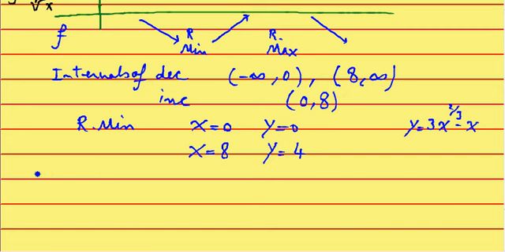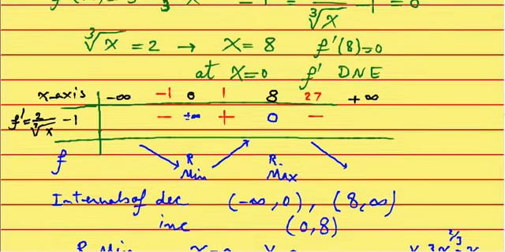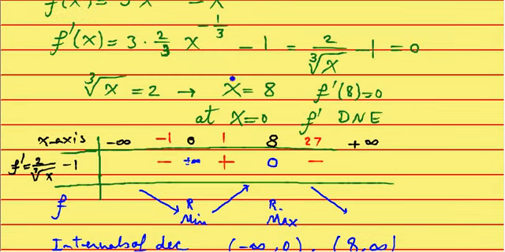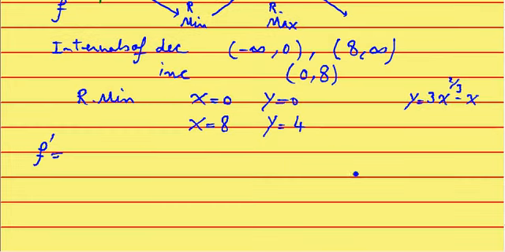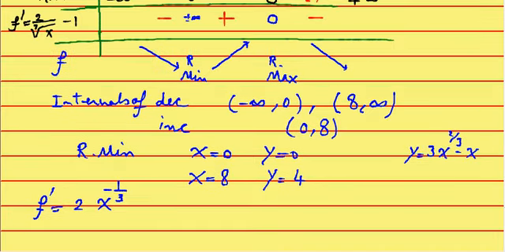So, round 2. What is f double prime? Let's remind ourselves what was f prime, so that f prime was, I might as well write it, 2 over cube root of x, which now I choose to write in the exponent notation. 2 over cube root of x minus 1. This was f prime.